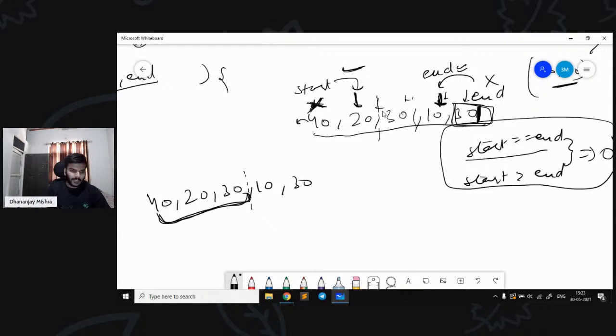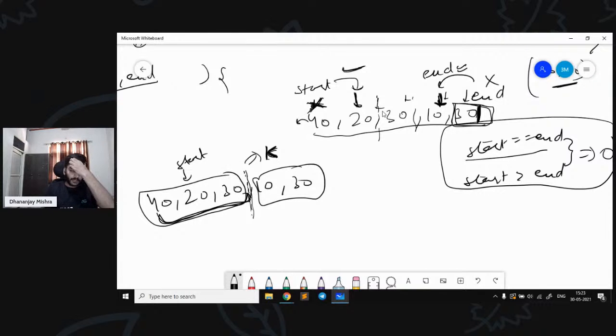So for this problem I will be calling, my start will be here, right? And if this is my partition, suppose the partition is denoted by a variable k, right? So this will be my new range and this one will be my new range, right? So I will again call the same recursive function twice.